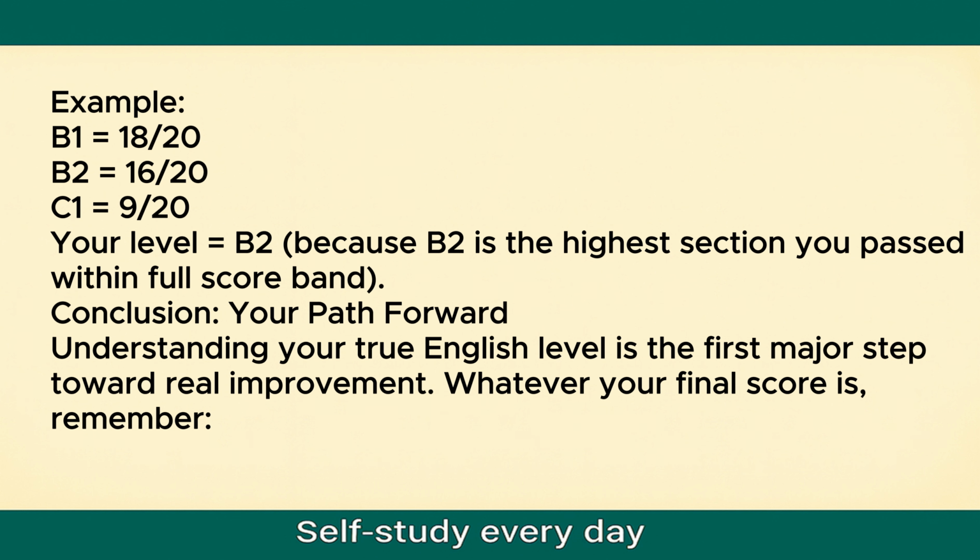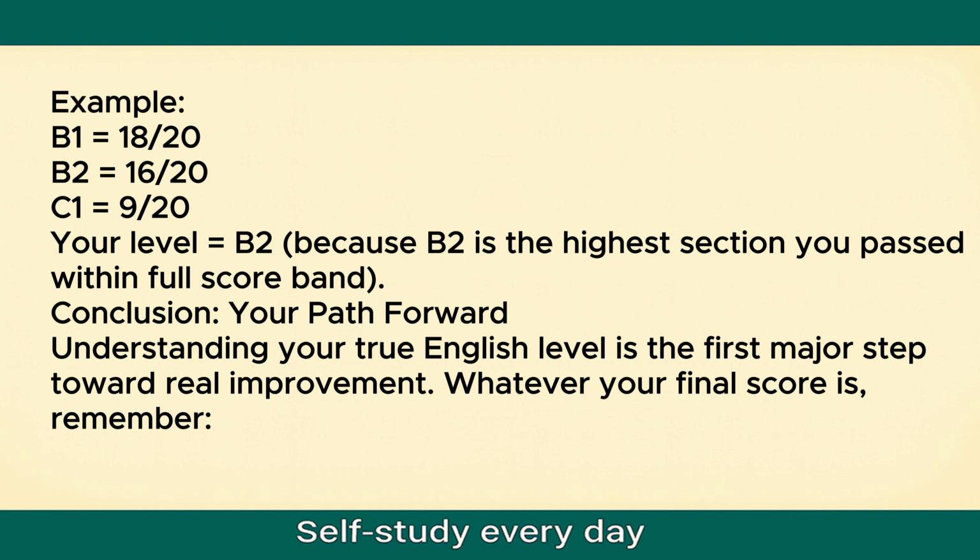Example: B1 equals 18 out of 20. B2 equals 16 out of 20. C1 equals 9 out of 20. Your level is B2 because B2 is the highest section you passed within full score band. Conclusion: your path forward. Understanding your true English level is the first major step toward real improvement.